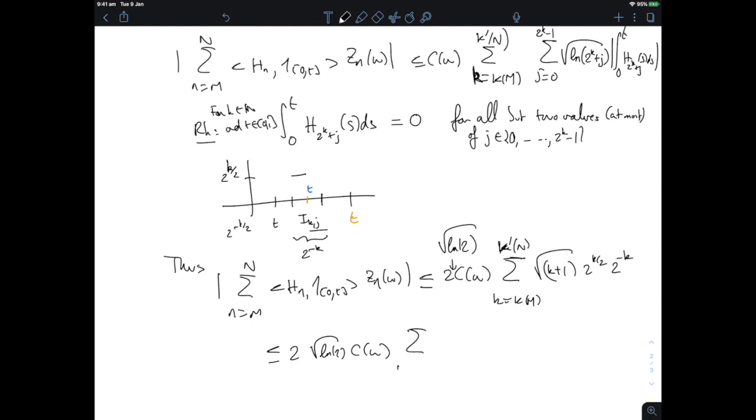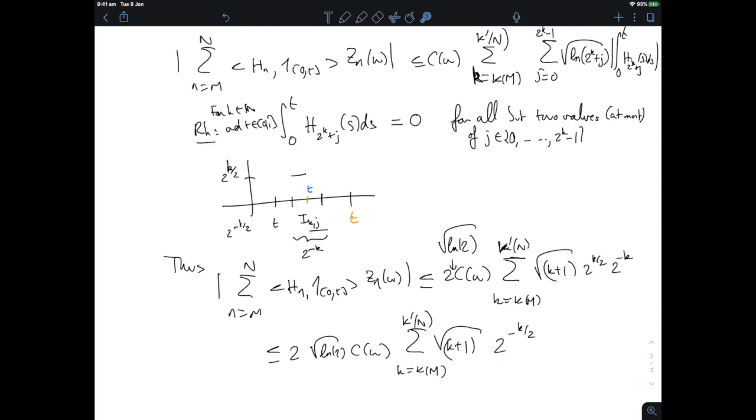So what we have is a sum from capital K to capital K prime. We have this growth, which is like a square root of k, and then we have this decay, which is like an exponential, 2 to the minus k over 2. So this series, with this general term, very clearly converges very fast thanks to this term.